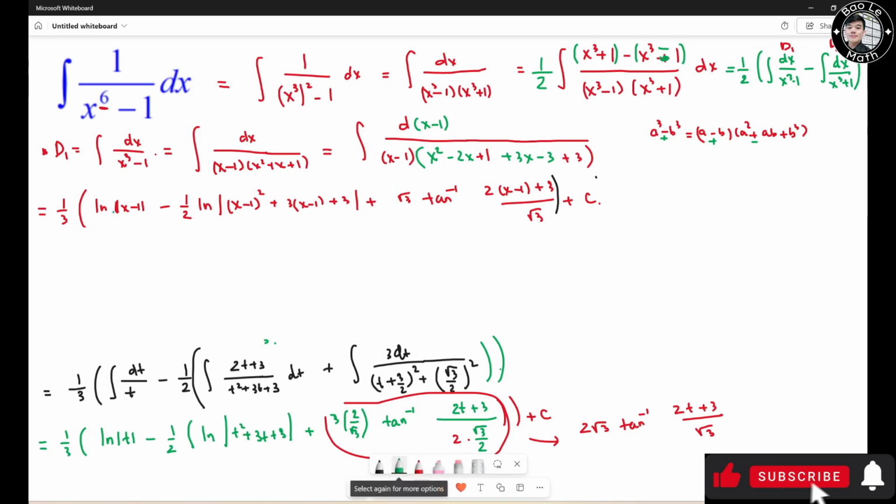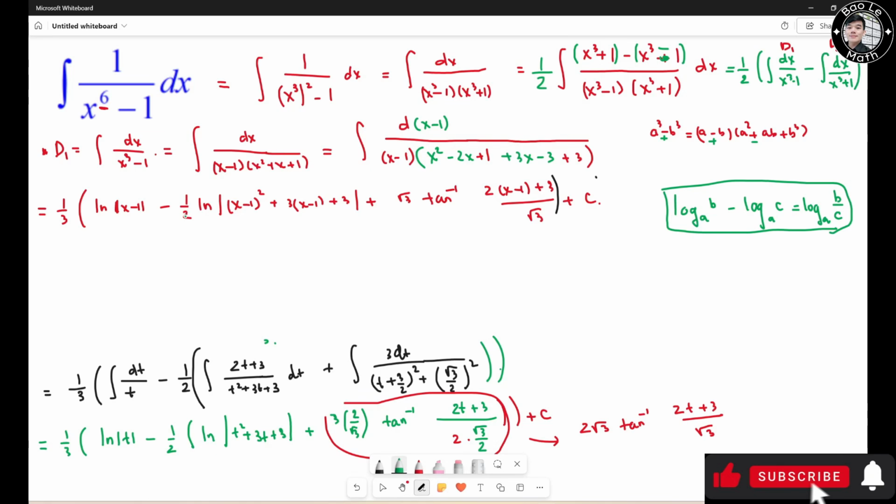Now I need to combine this and this using the formula log base A of B minus log base A of C. It's going to be log base A of B over C. So before I condense this, I need to make sure the coefficient in front of the natural log is 1.